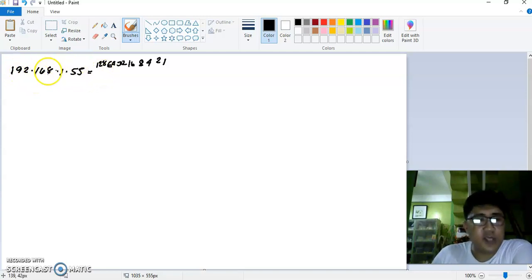Obviously we start with the biggest number, the 128. How can we get to 192? If we add 128 plus 64, we get 192.